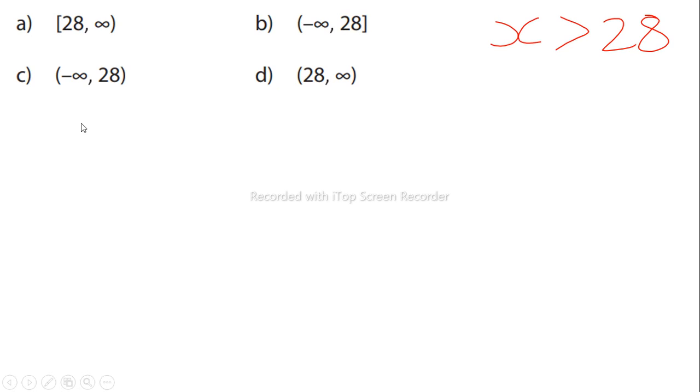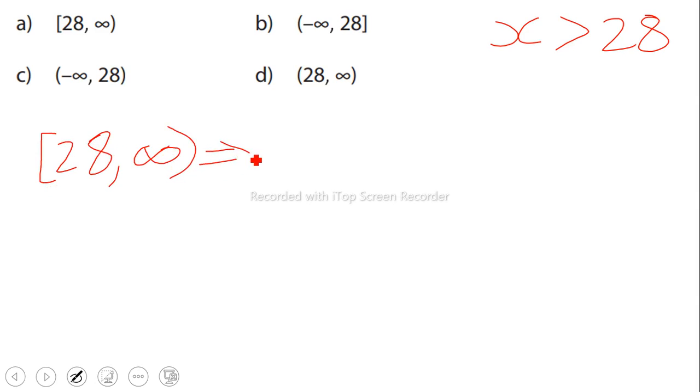Okay, so let's do it individually and see what each of these means. Let's consider A. What is this saying? What does this all mean? It says, start at 28 and get increasingly large and never stop. So let's make a note of that. Start at 28 and continue on into positive infinity.